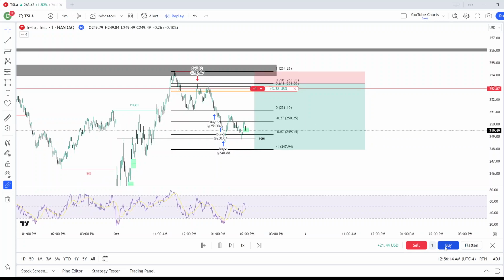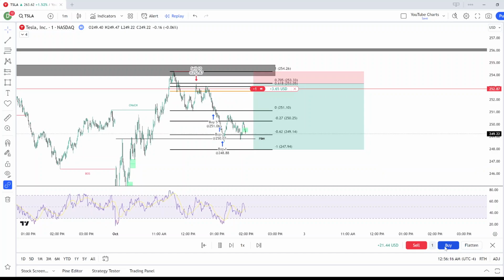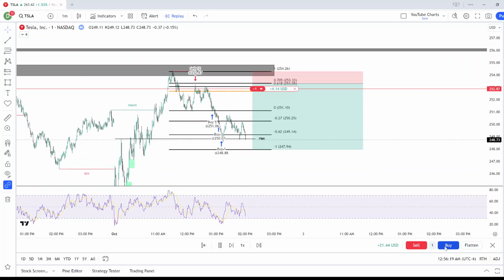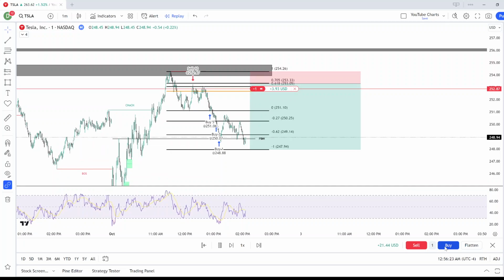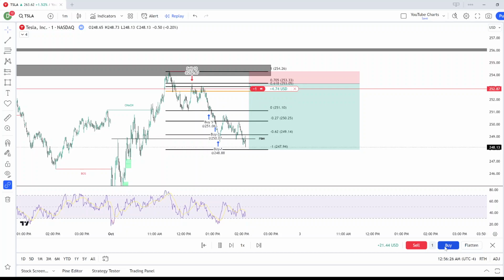We're just waiting to see if symmetrical swing hits. We still have 1 runner that we're looking to take profit on at that final symmetrical swing target. And you see price is delivering down.